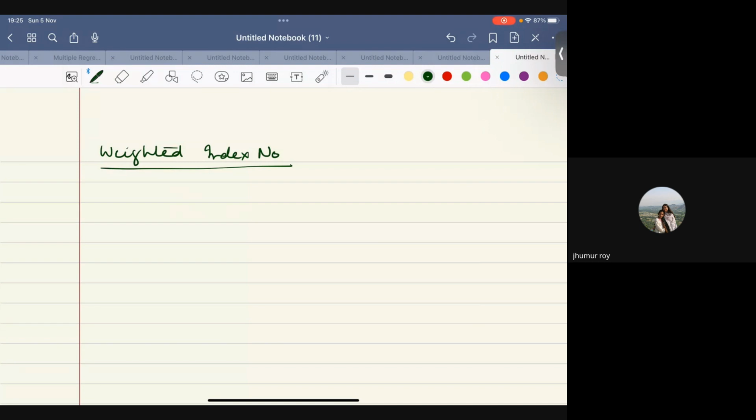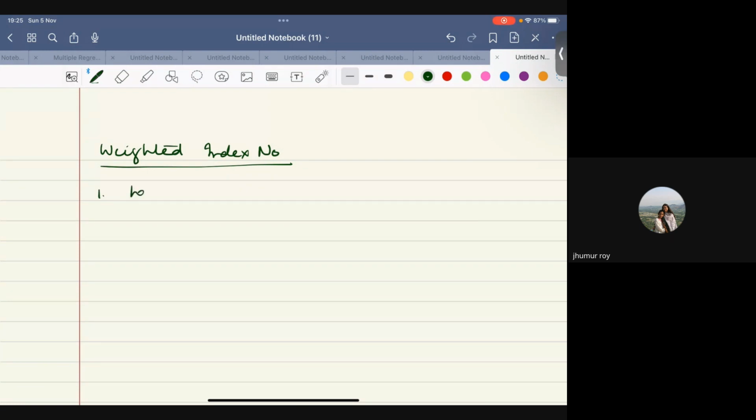Now, there are different methods which are used. I will be dealing with 3 important methods. The first one is Laspeyres' method. I'll just write the formula down for you.